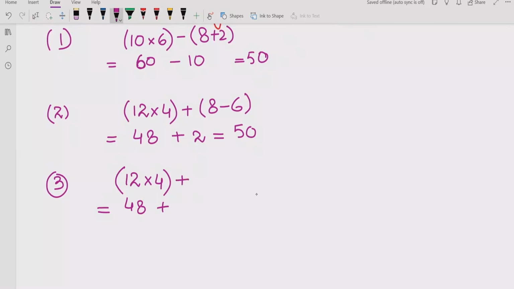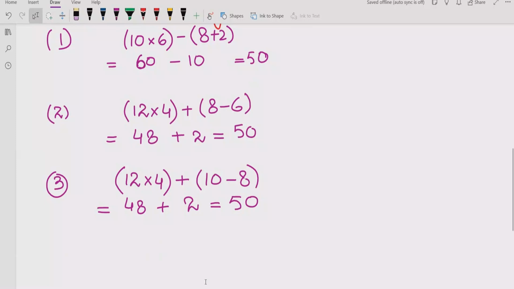So you can write 10 minus 8, because we did not choose 10 and 8 before and we did not apply the minus sign before this. So 10 minus 8 gives us 2, and if we add 48 plus 2 we get the answer 50. So now you can say we used the multiplication, plus and minus signs.